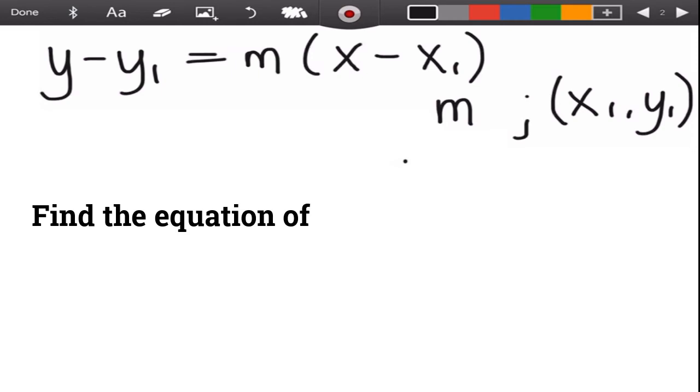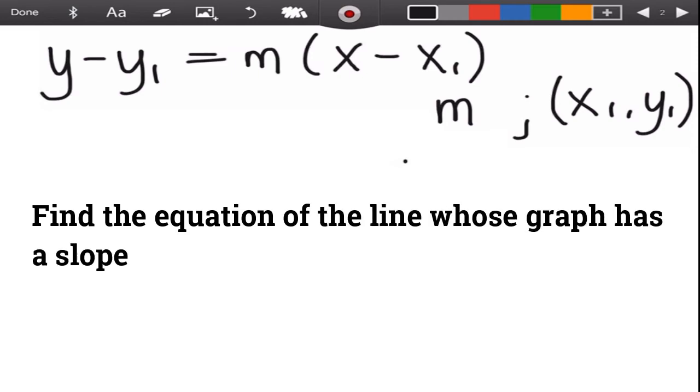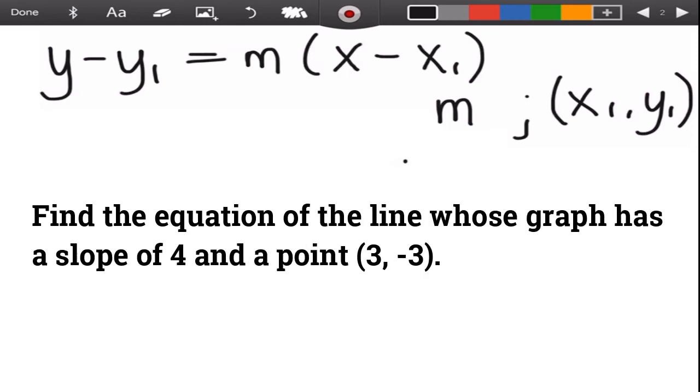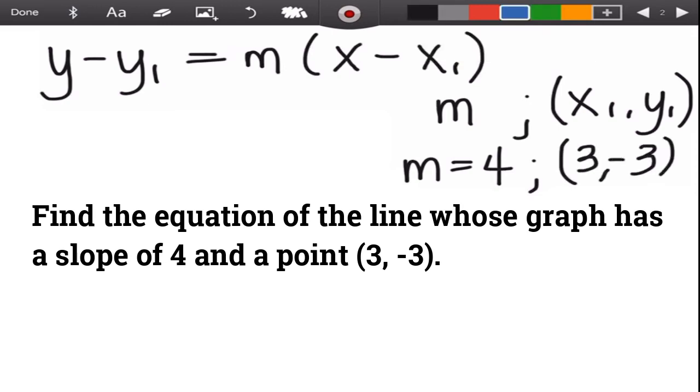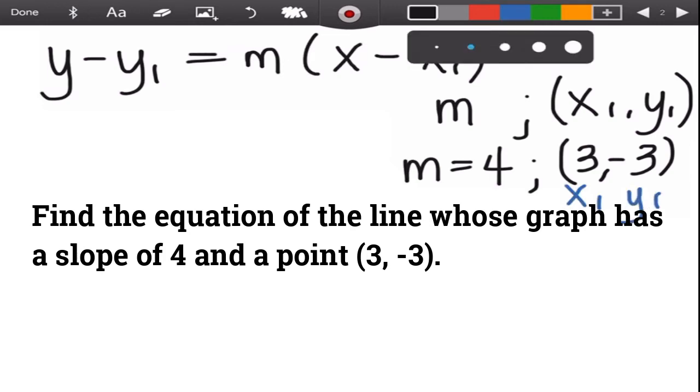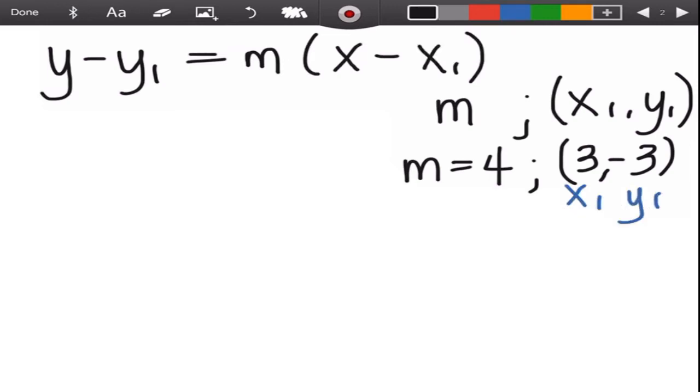Find the equation of the line whose graph has a slope of 4 and a point (3, negative 3). Going back to our example, our slope is 4 and it will pass through the point (3, negative 3). So 3 will be x sub 1 and negative 3 will be y sub 1. And then we will just substitute the given.